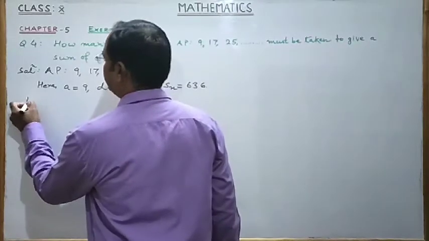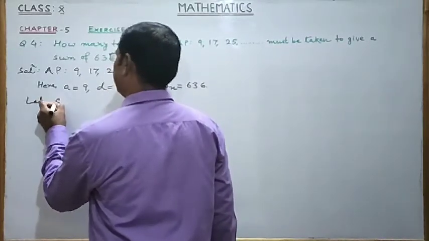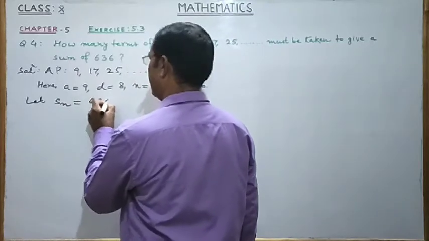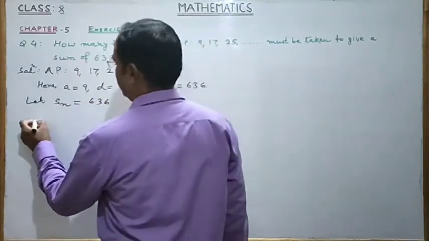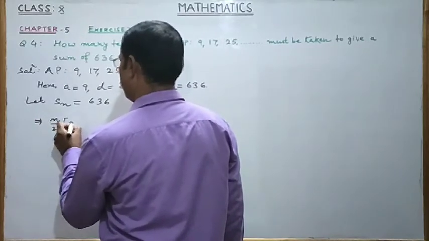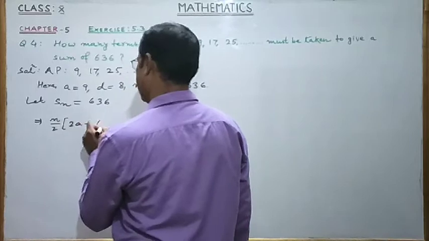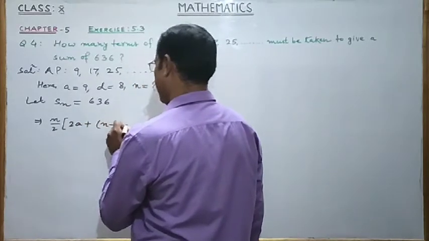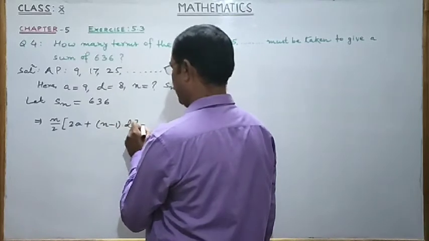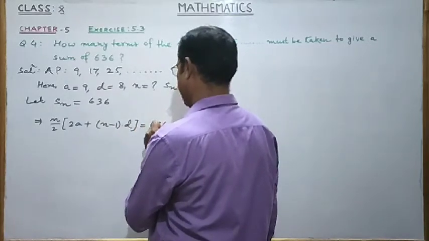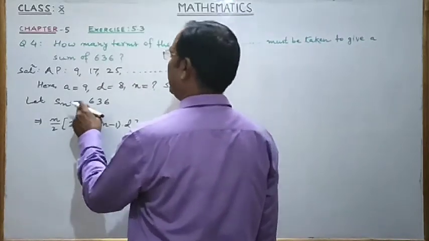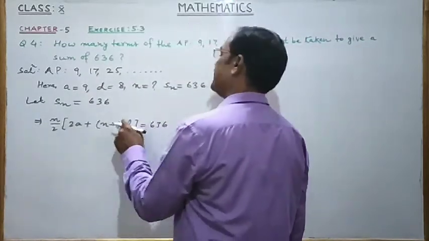So let Sn equal to 636. This implies n by 2 into 2a plus n minus 1 into d is equal to 636. Now let's put the value of first term a and common difference d.